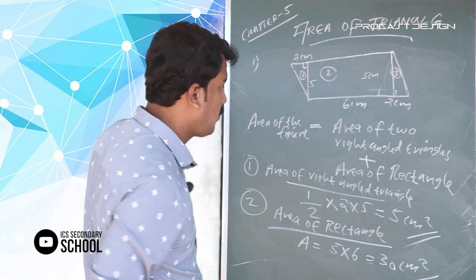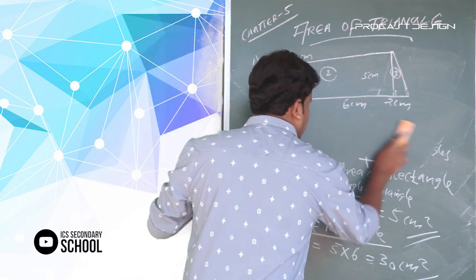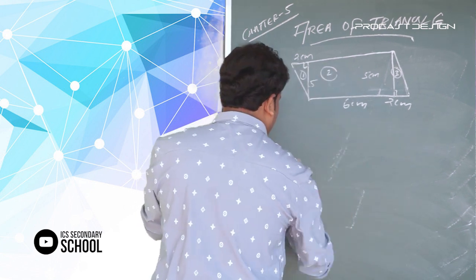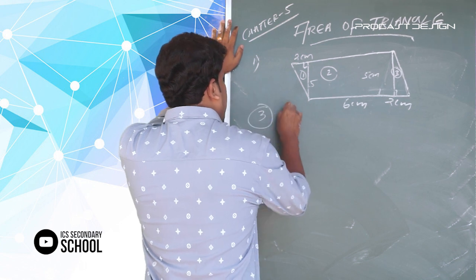Then the third section is also a right angle triangle.